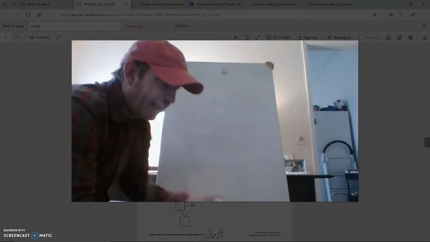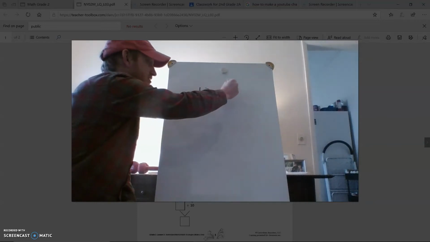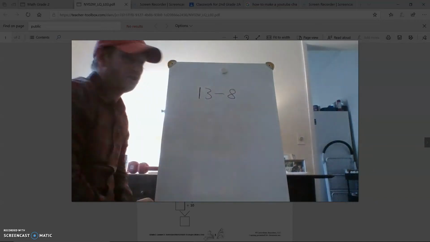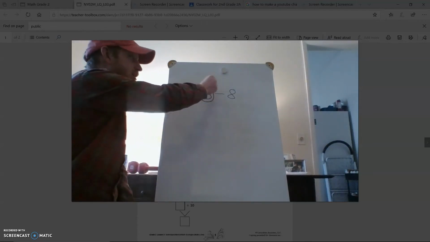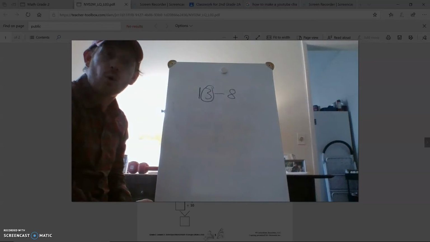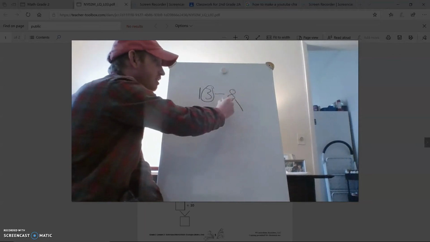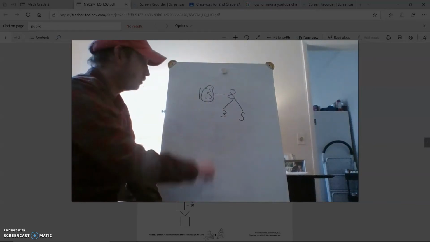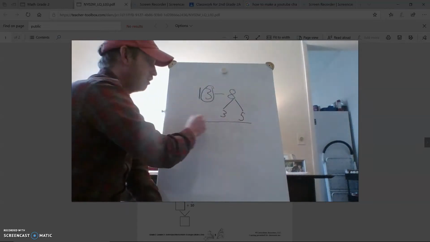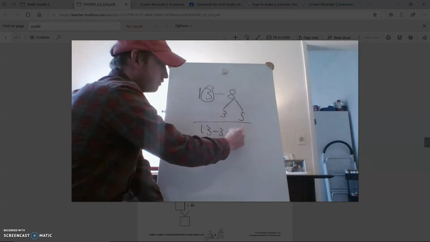So, Anna had 13 minus 8. Well, what she realized is that she needed to subtract 3, our ones digit, in order to get our even 10. And she knows her fact families that 8 is 3 and 5. So she did 13 minus 3 equals 10.